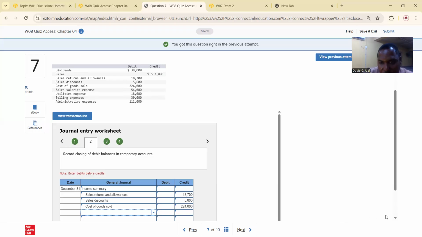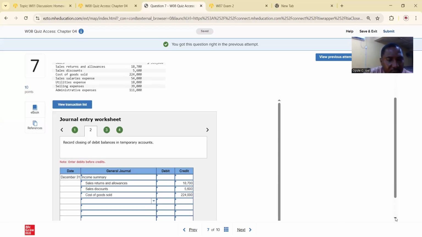Now, these are the accounts associated with the merchandising company.